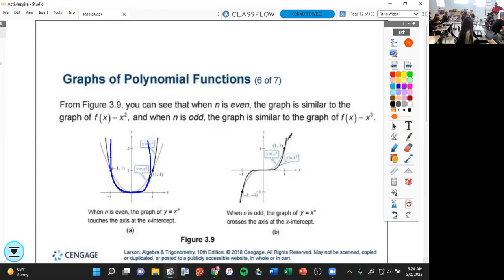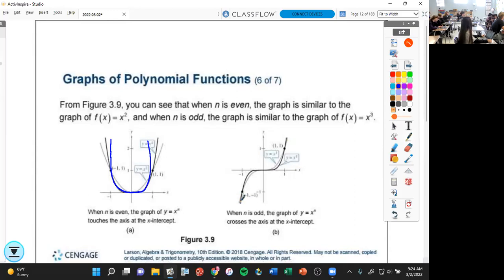Any other observations on these two graphs? Okay, it's not as easy to see here, but the x to the fifth is inside the x cubed.